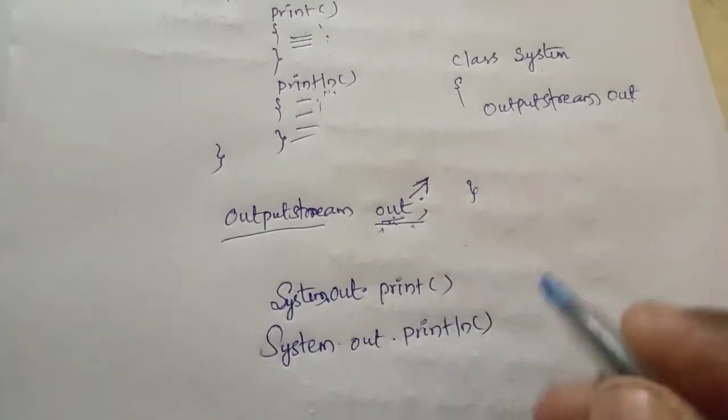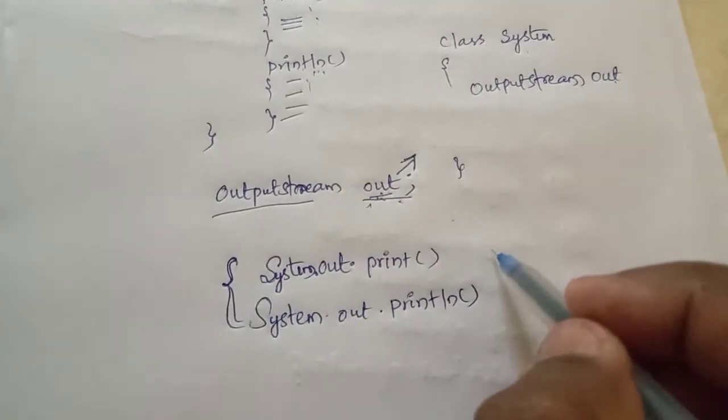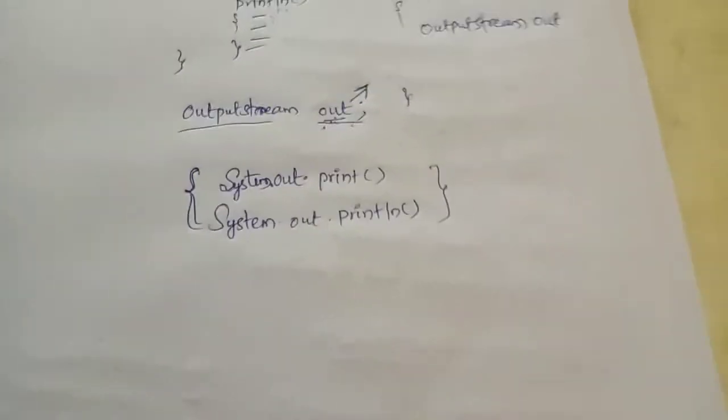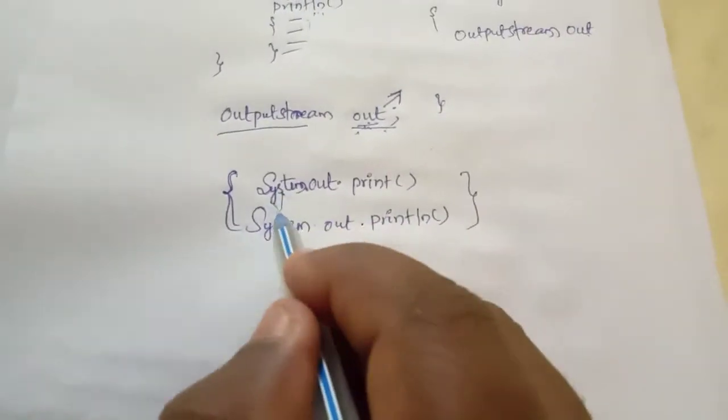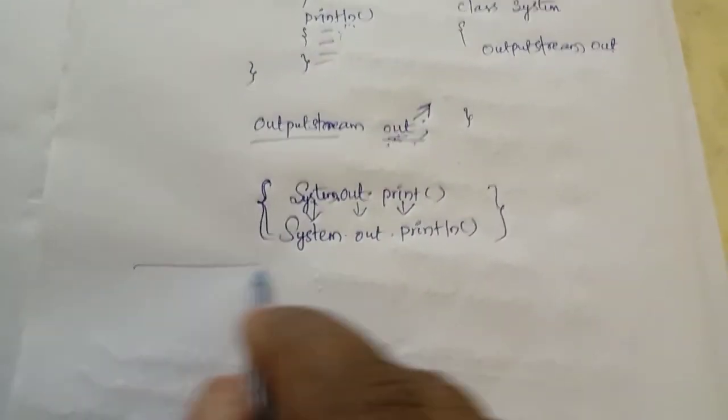So in Java these two are the statements for printing anything. The output statement in Java is system dot out dot print, where system is a class, out is the object, and print is a method.